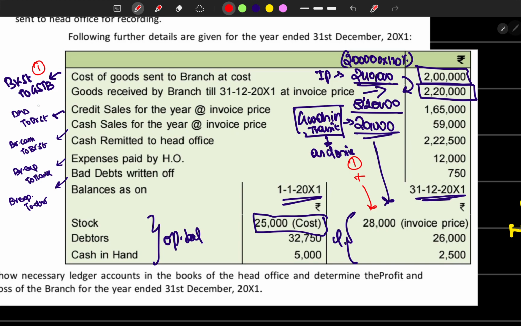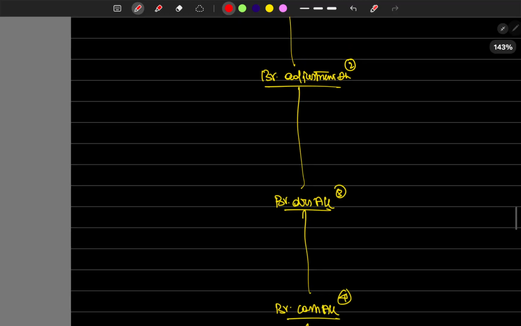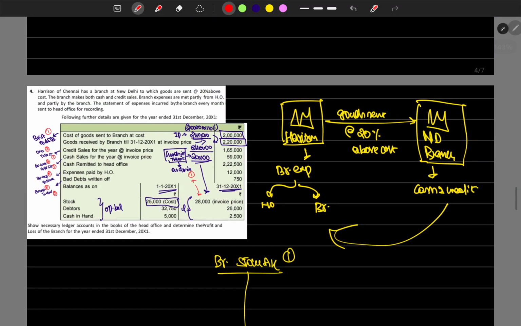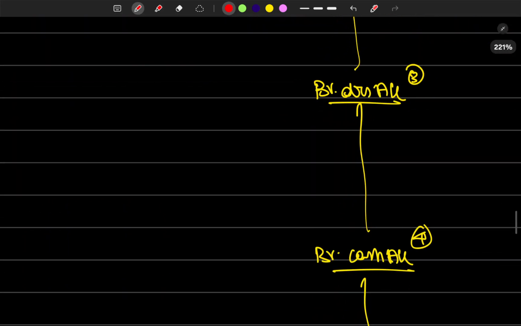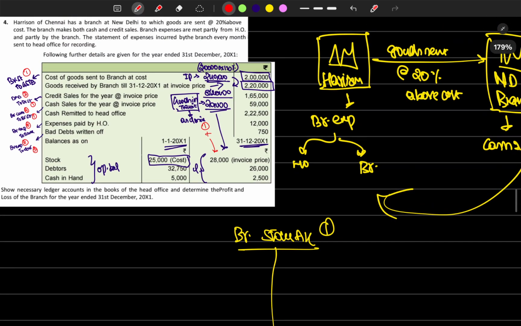Then this is 3, this is 1, this is 4, this is 1, this is 5. This is related to HO books, this is 5 and this is 3. That's it, right? Branch cash is 4, right? That's it. We have numbered everything. Now we can quickly solve this problem in no time.